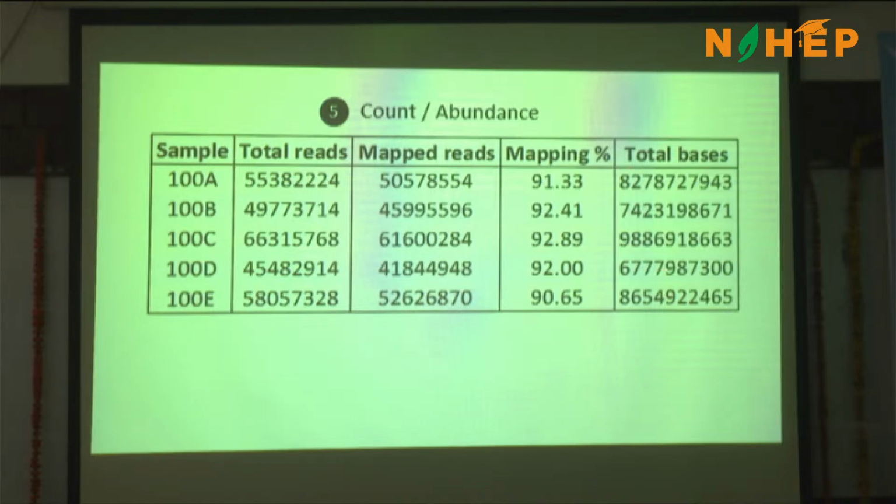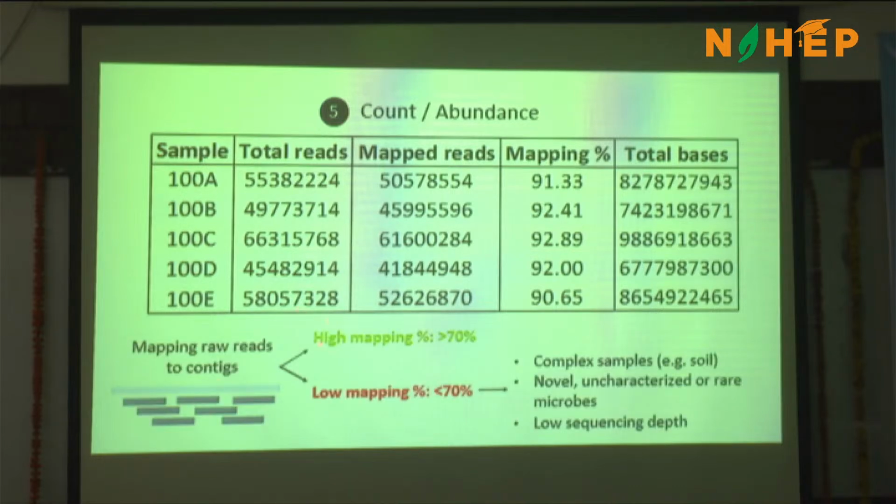So actually, the mapping percentage is also a very nice indicator of the quality of your data, of your process, let's say, of your data analysis. So you can have a high mapping percentage or a low mapping percentage. High is considered above 70%. So this example is quite nice.